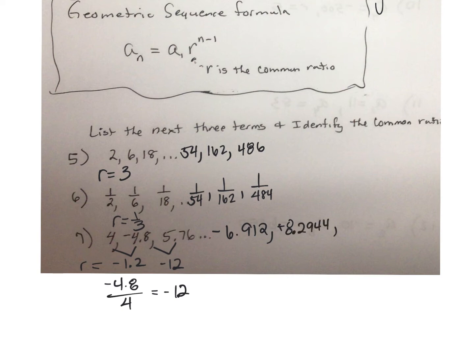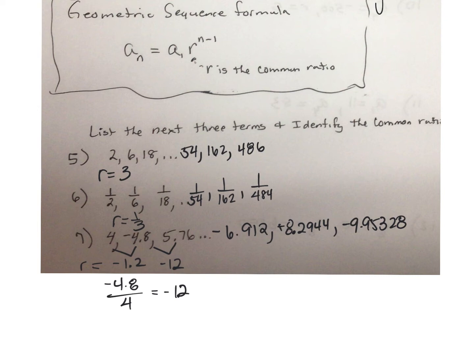And then times by negative 1.2 again, negative 9.95328. What do we notice about the sign when R is negative? It's switching back and forth, yes.